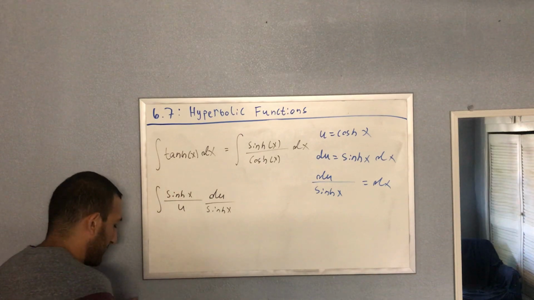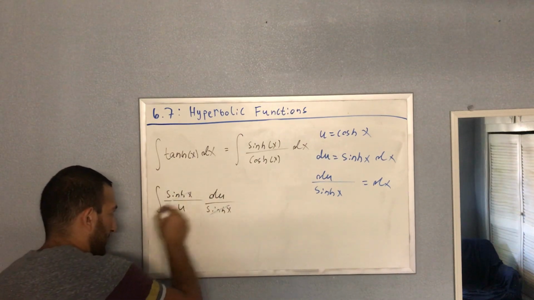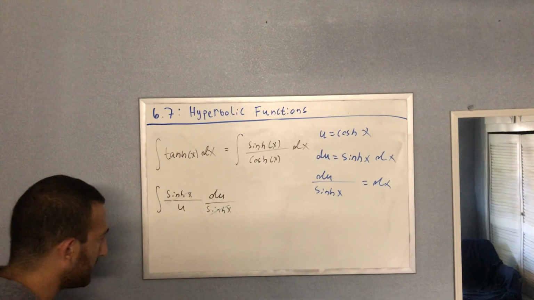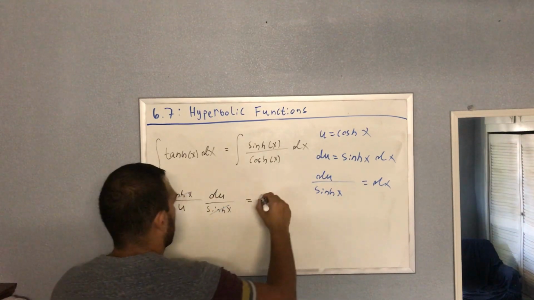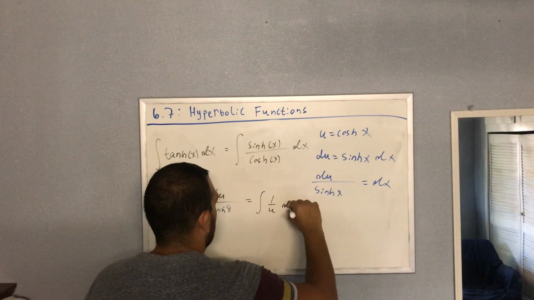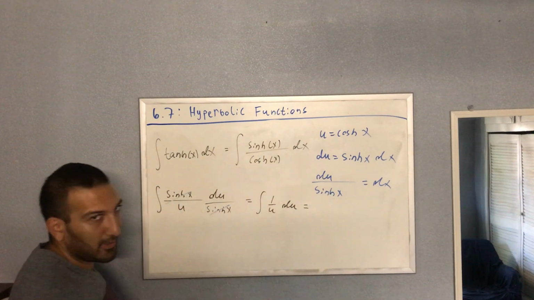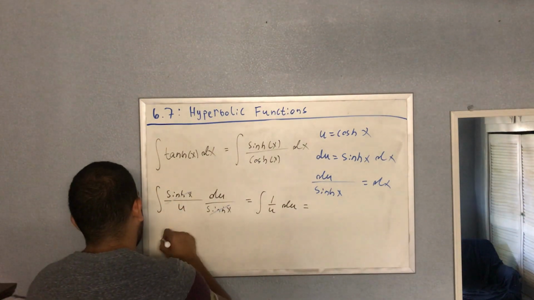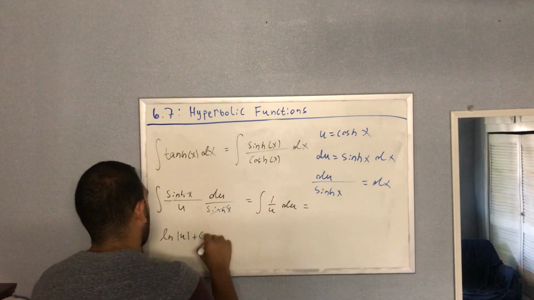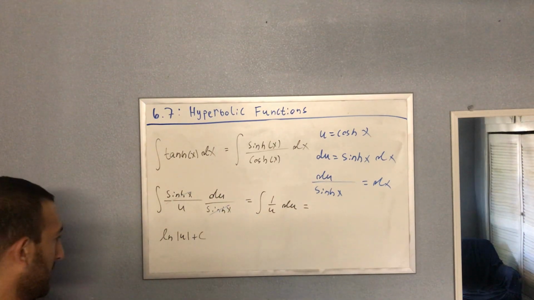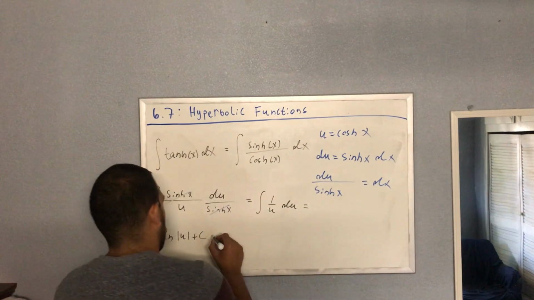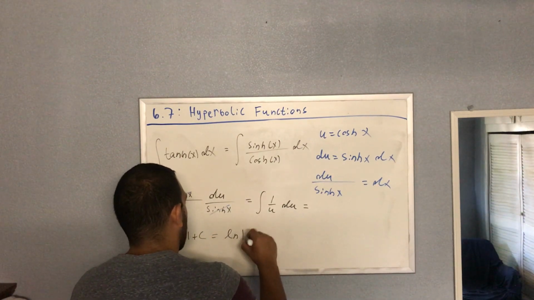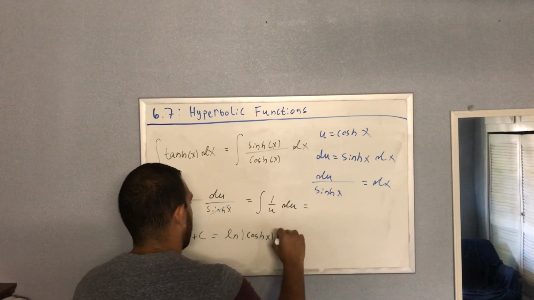And lo and behold, they cancel here. So then we get the integral of 1 over u, which is a very nice integral. We love this. It's, remember, the ln of the absolute value of u. And then what was u? It was cosh. So this is ln, the absolute value of cosh.